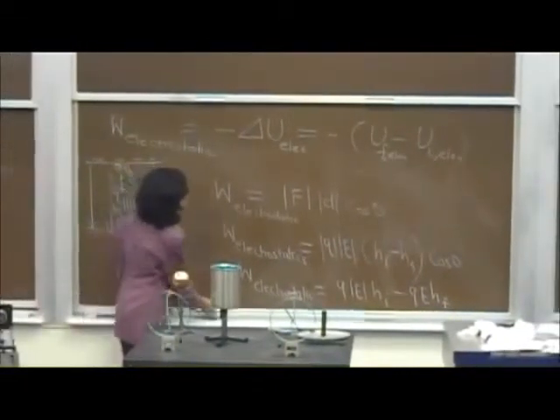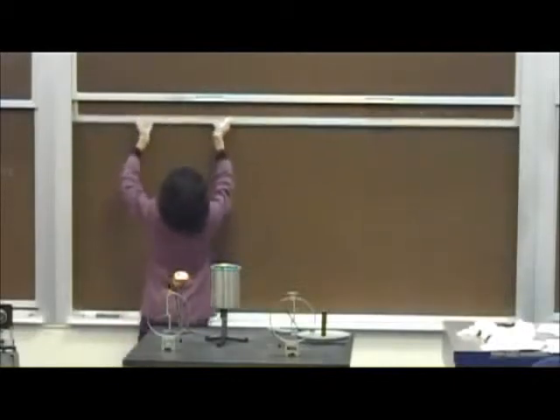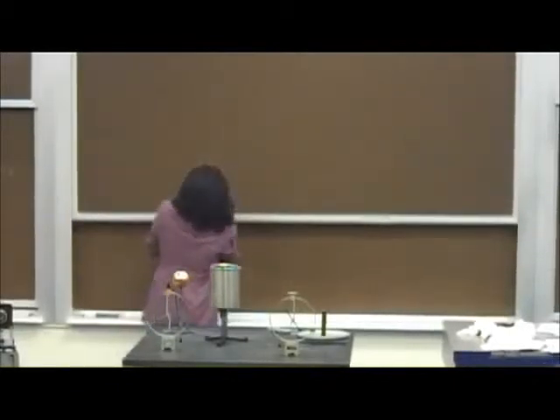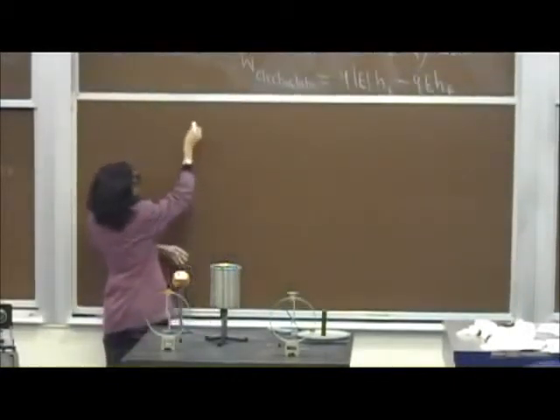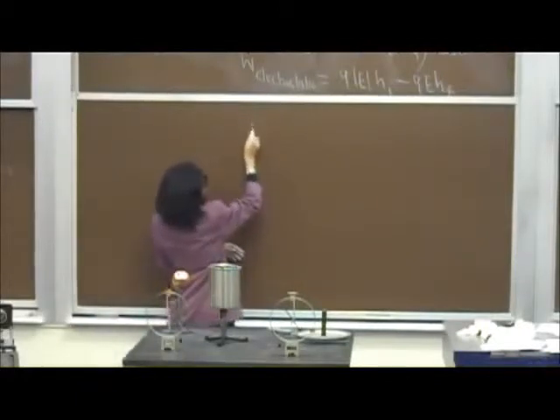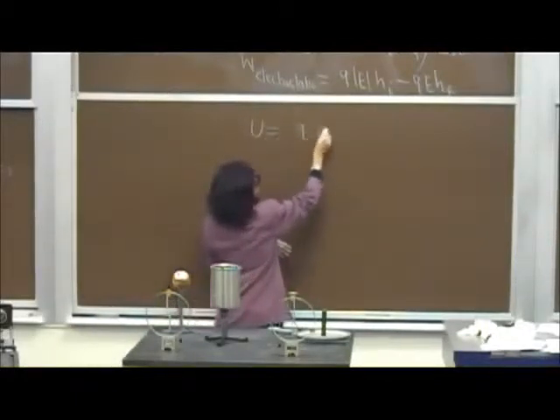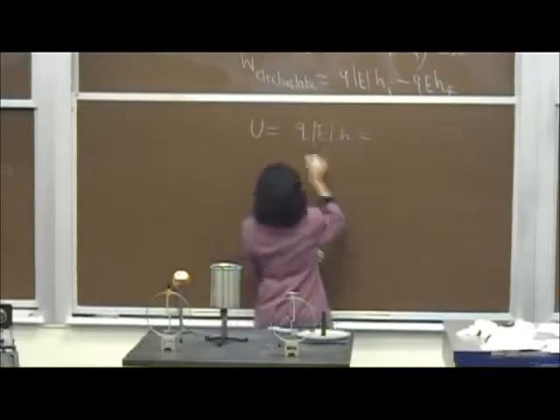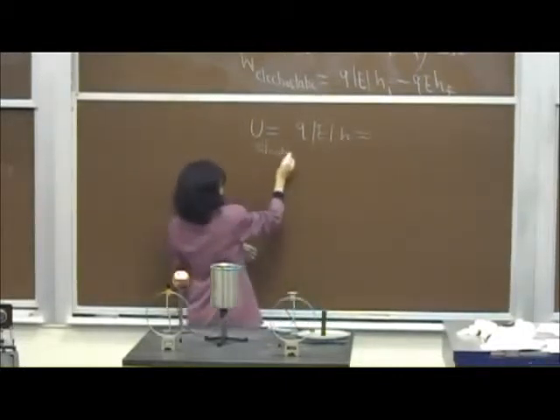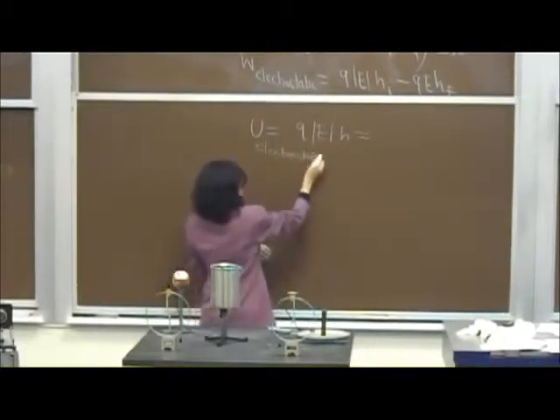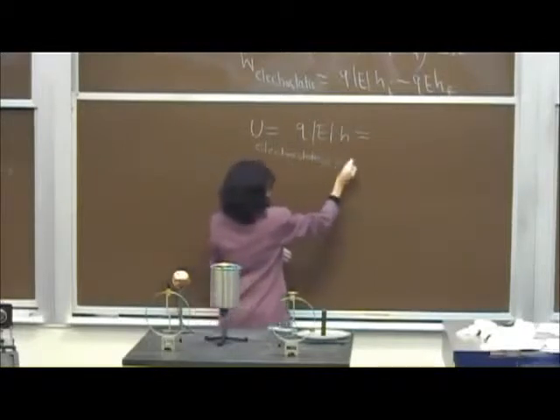Right. So we can define U as equal to QEh. This is electrostatics in constant field.